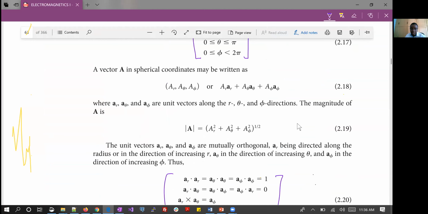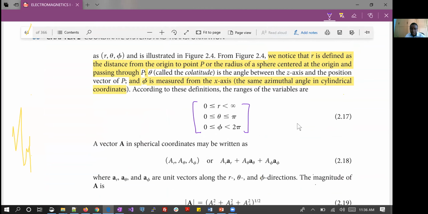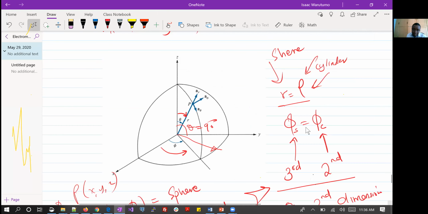I think now is the time to mention the limits. R is ranging from 0 to infinity. Theta is ranging from 0 to pi. I think it is important here to mention that the maximum value that you can have for theta is when you have gone to that point, when you can't go up anymore.